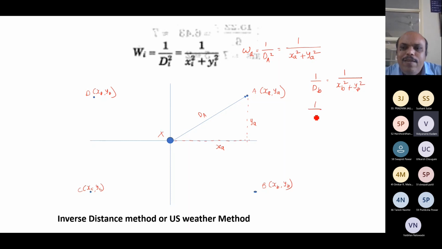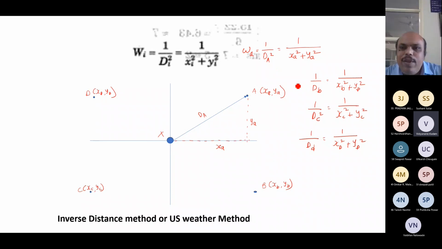Okay, 1 upon Dc square. Similarly, it is 1 upon Xc square plus Yc square, and 1 upon Dd square is 1 upon Xd square plus Yd square.